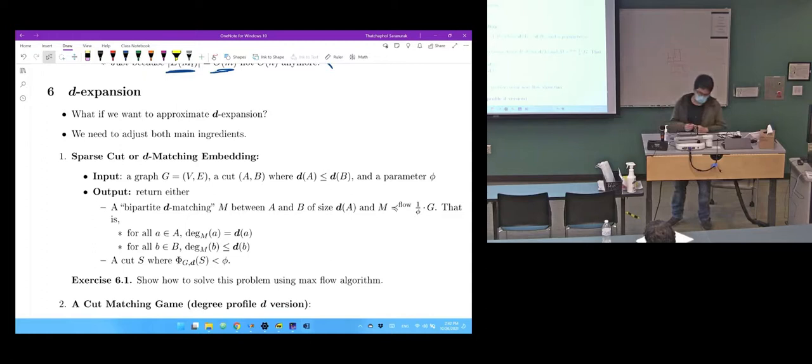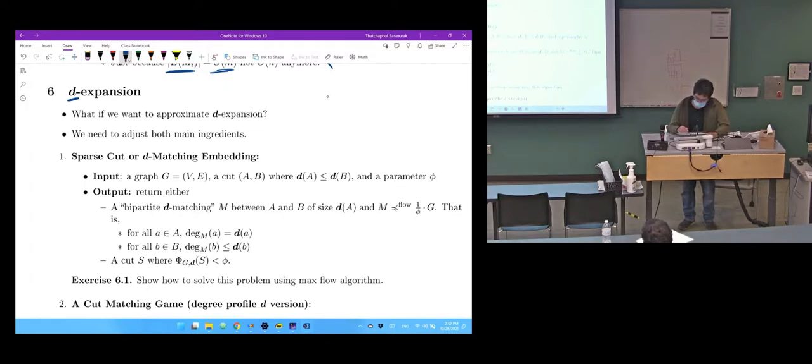Okay. And now let's see how this generalizes seamlessly to something more general. Let's say you want the expansion. Do you recall the expansion?